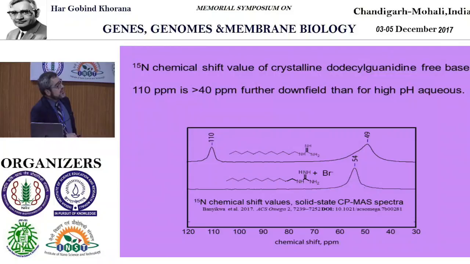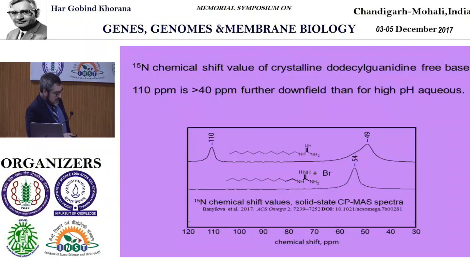This, of course, was measured with 90% N15 labeled dodecyl guanidine, which Andrew synthesized. And again, this is the HBr salt, which shows that you see only a single N15 peak corresponding to both nitrogens. These were synthesized with N15 labels only at the 2 terminal nitrogens, using dodecylamine plus N15 labeled thiourea as the starting materials.